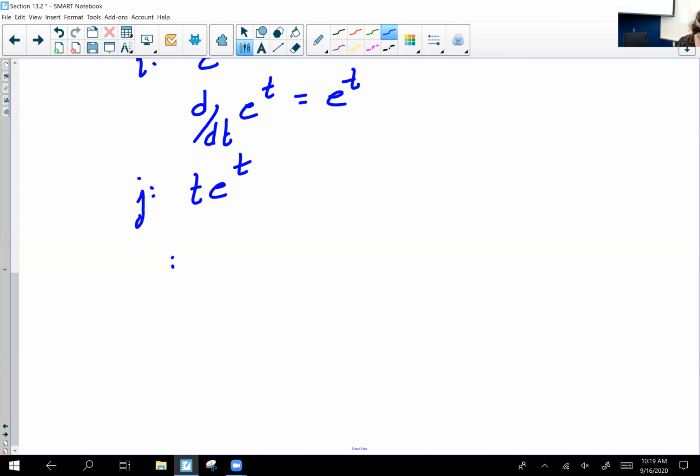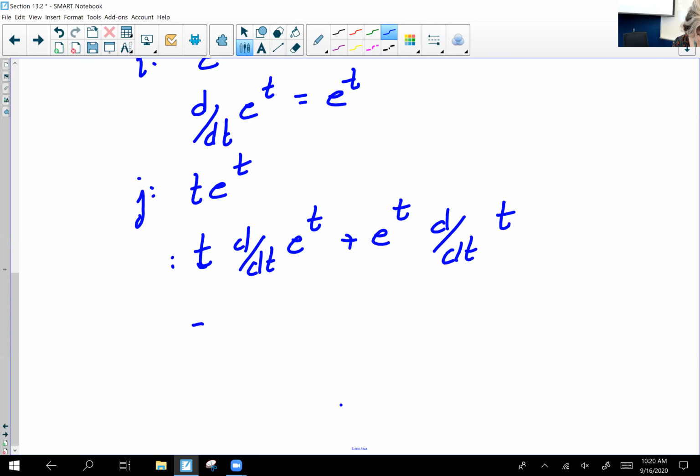We're going to have the first times the derivative of the second plus the second times the derivative of the first. So this is going to become t e raised to the t plus e to the t, right? So that becomes my second term.